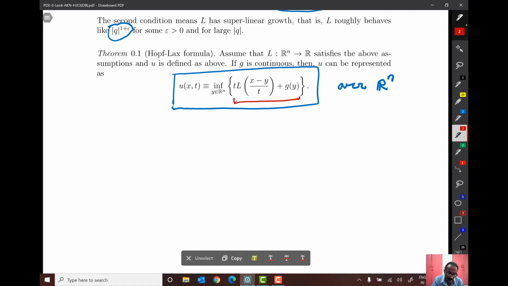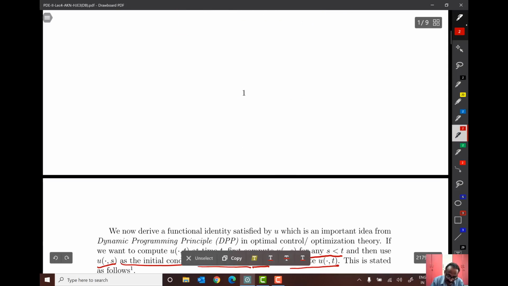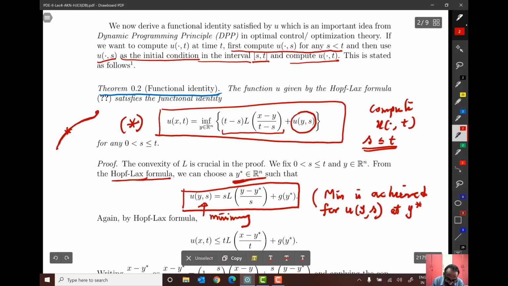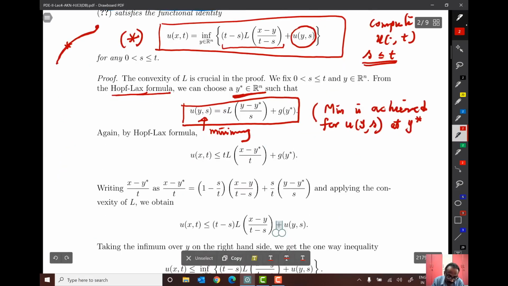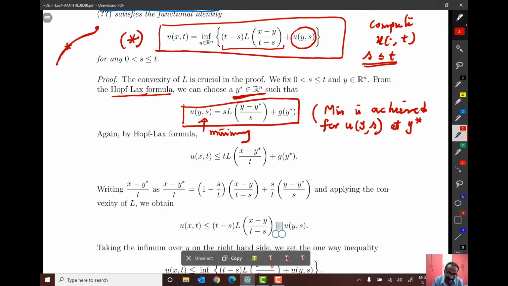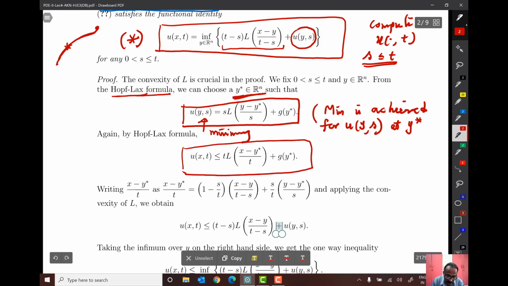Here you are only using the inequality, but in the minimal thing for UIS you have an equality. So you have used this equality by attaining the minimum. Here this result will be true for any y, in particular for y star. So you are again applying the Euler-Lagrange formula here. Now you have a trick. This is the trick you use.